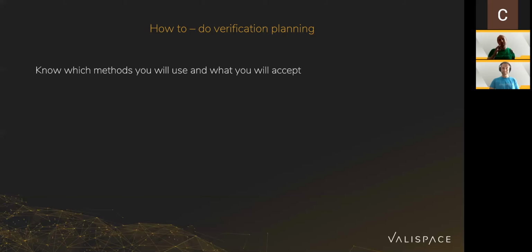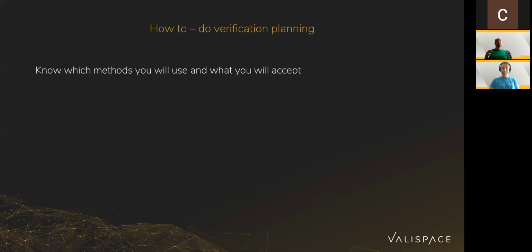So when you're writing a requirement, you should already know how you're going to be able to verify this, right? It might be by means of test, review, inspection, but there might be like 10 different kinds of tests, right? So you can think of, okay, are we going to have a system test and an environmental test, or are we just going to say it doesn't matter, we're just going to do a test? So just know which methods you have.